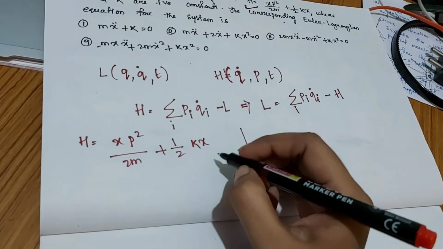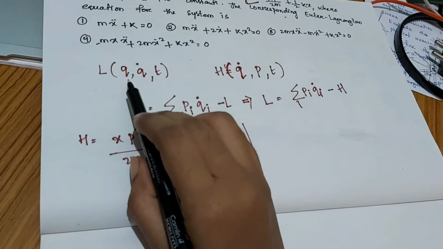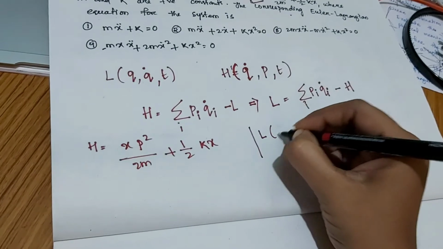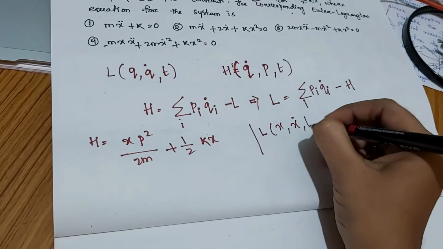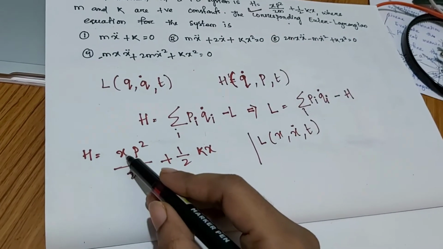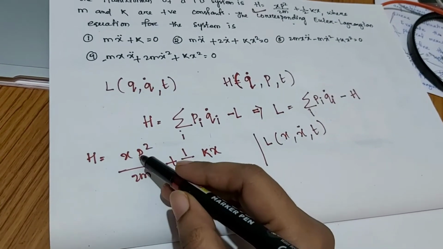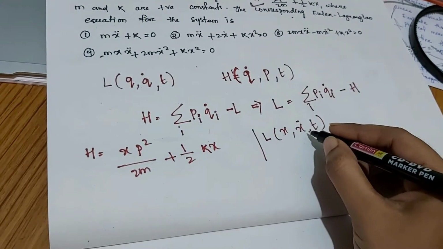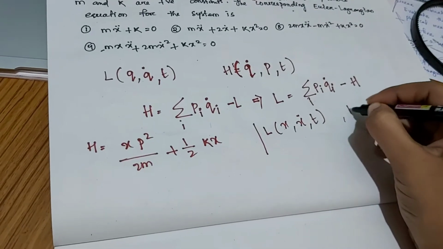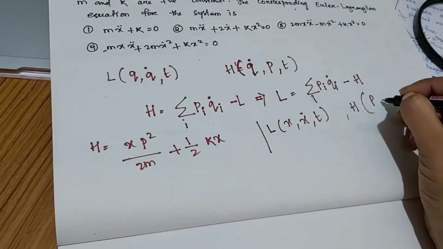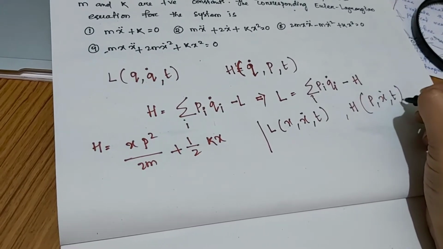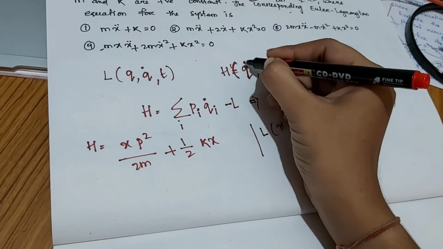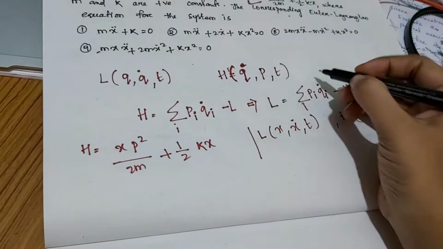We know that the Lagrangian is a function only of generalized coordinate and generalized velocity, so here the Lagrangian must be in the form of x, x dot and t. Here the Hamiltonian only has x and p_x, the generalized momentum with respect to x.